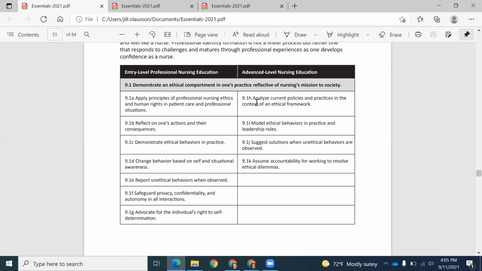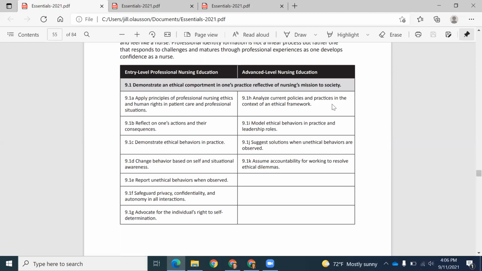So they would say for professionalism, a competency for undergraduate would be to apply principles of professional nursing ethics and human rights in patient care and professional situations. And at the graduate level, they would say analyze. So you can see that Bloom's word is at a higher level there.